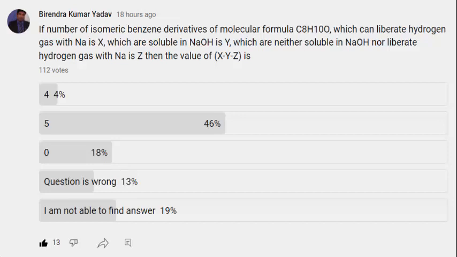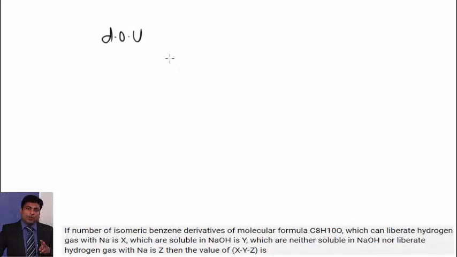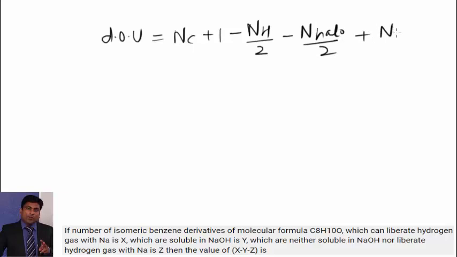This was the question. Now to attempt such type of questions, first we find the degree of unsaturation. We need to know how many rings, double bonds and triple bonds are there. So what is the formula of degree of unsaturation? Number of carbon atoms plus 1 minus number of hydrogen atoms by 2 minus number of halogen atoms by 2 plus number of nitrogen atoms by 2.